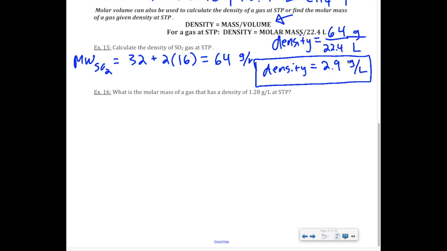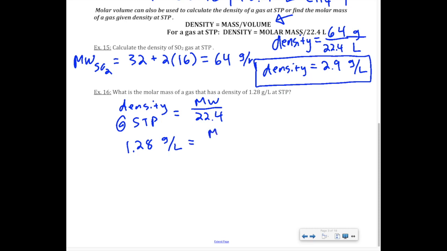So example number 16 says, what is the molar mass of a gas that has a density of 1.28 grams per liter at STP? So my density at STP, make sure you make that notation at STP, is going to be my molecular weight divided by 22.4, right? Well, I already know my density is 1.28 grams per liter.